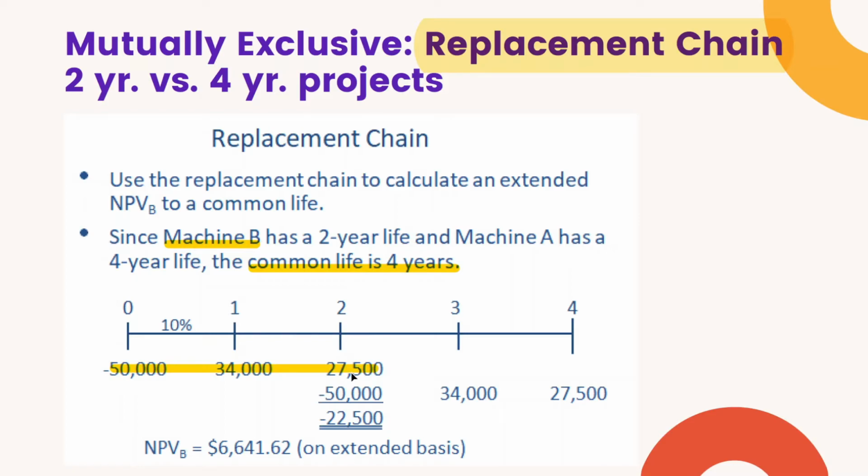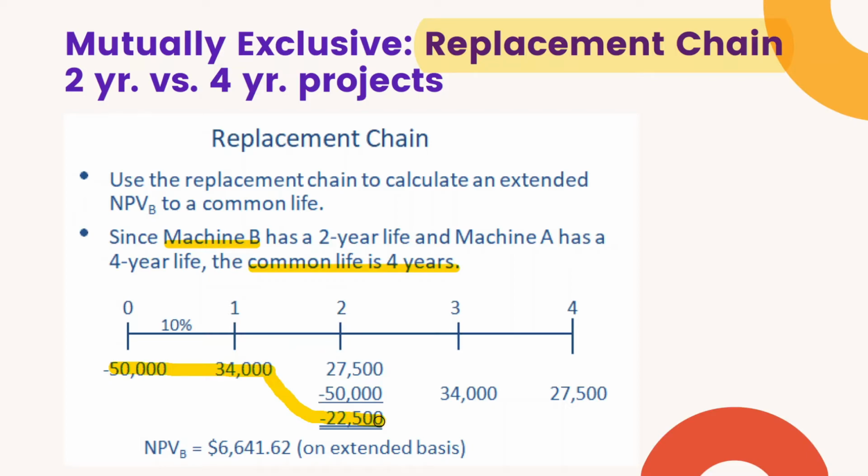Now at the end of year 2, we have to assume that we can reinvest in machine B for another 2 years. The cash flows in year 2 represent cash inflow and cash outflow from investment in machine B for another 2 years. The net cash flows used in the NPV calculation are negative $50,000 at time 0, $34,000 cash inflow at time 1, and negative $22,500 at year 2.